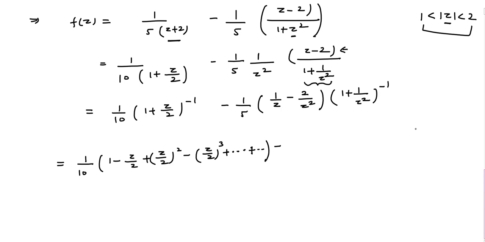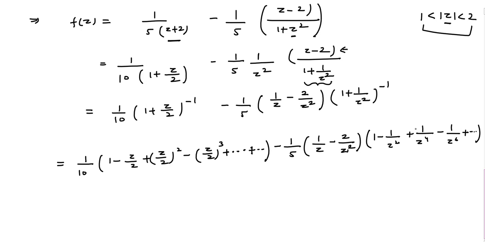So next we can write 1 by 5, that is 1 by z negative 2 by z square. We can write here 1 negative 1 by z square plus 1 by z to the power 4 negative 1 by z to the power 6 plus dot dot dot.